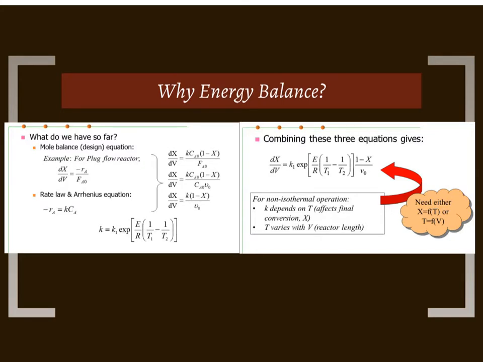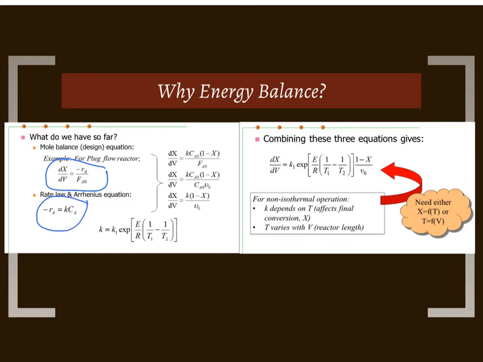Why energy balance? So what do we have so far? For example, if it's for a plug flow reactor, we have this design equation for PFR, and we have this rate law for a first order reaction.